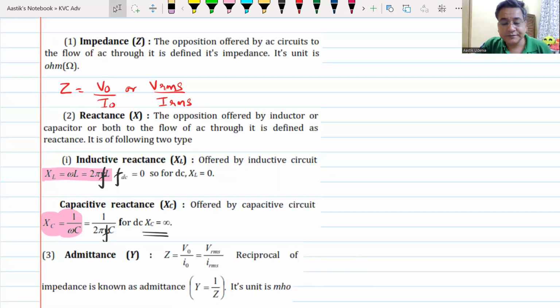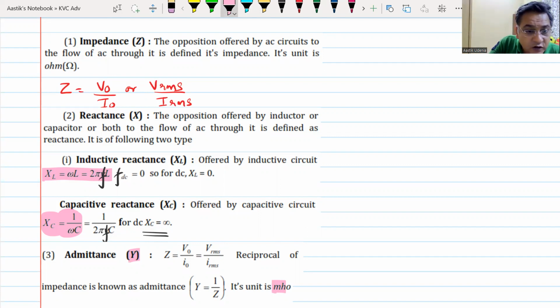It is represented by the letter Y. Do we understand this? It is inverse of resistance, therefore its unit is inverse of ohm, which is mho. Do we remember this mho?